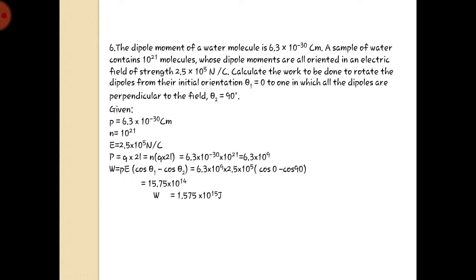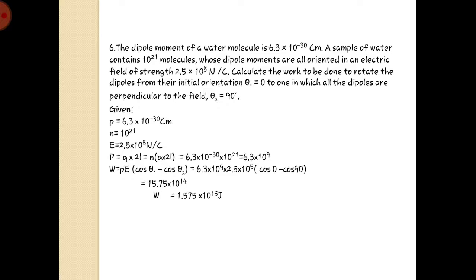Calculate the work to be done to rotate the dipoles from their initial orientation theta 1 is equal to 0 to the one in which all the dipoles are perpendicular to the field, that is theta 2 is equal to 90 degree. Okay, I have just read all the numerical.